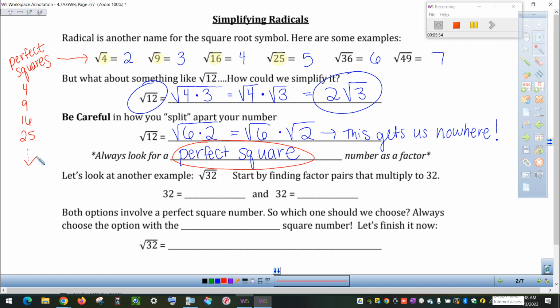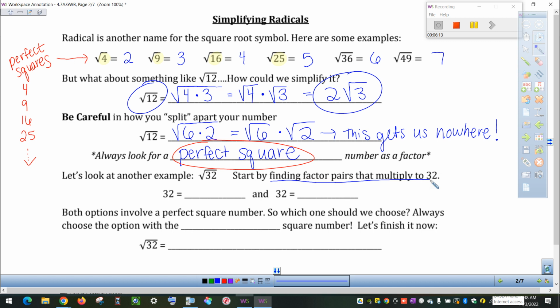All right, we're going to take a look here at one more example together. So we're going to look at the square root of 32. And we're going to start off in the same way by finding factor pairs that multiply to 32. I'm also going to think about trying to make sure that one of my factors is in this list of being a perfect square.